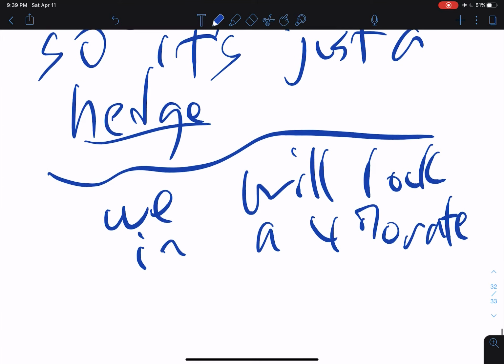Now, the size of the position we take in interest rate futures, the size of our short position, will determine how large our profit is and how much of the higher interest expenses that we will later pay will be offset.